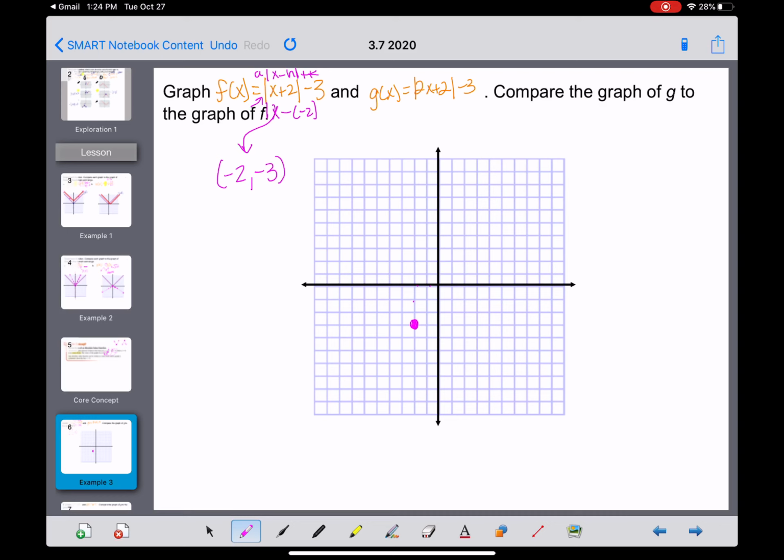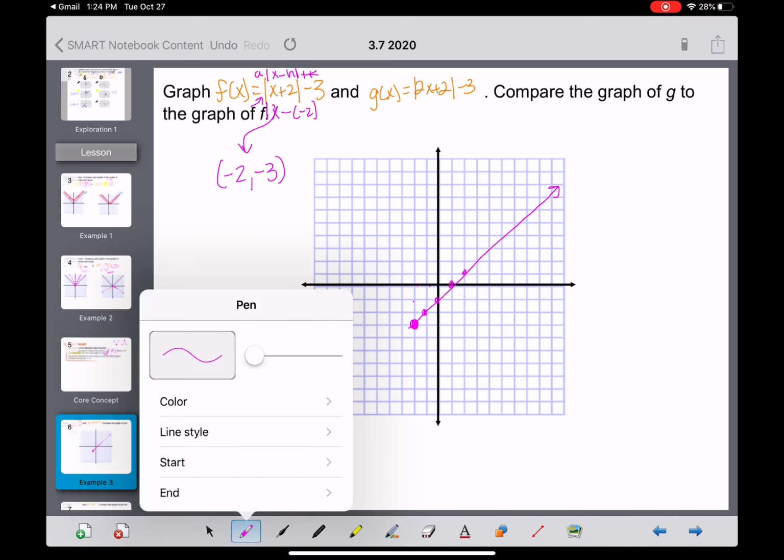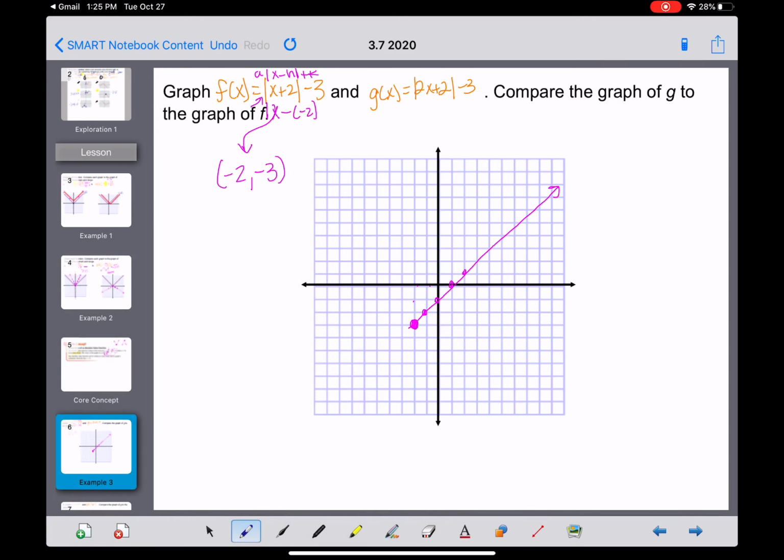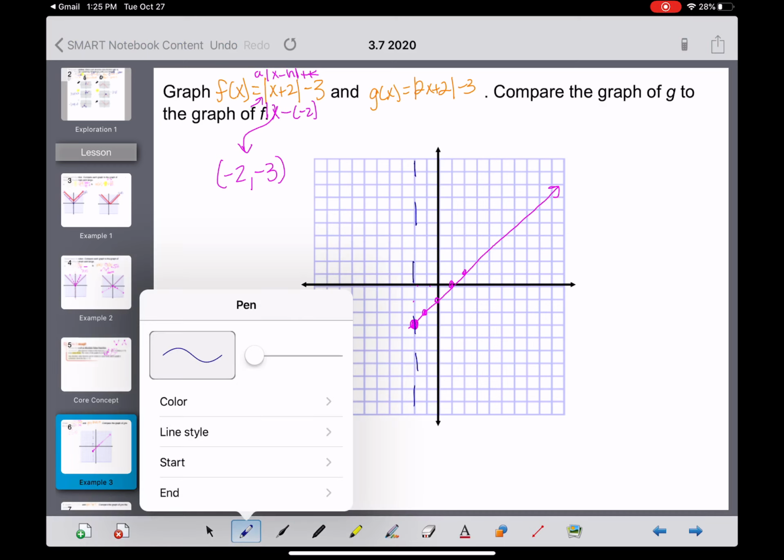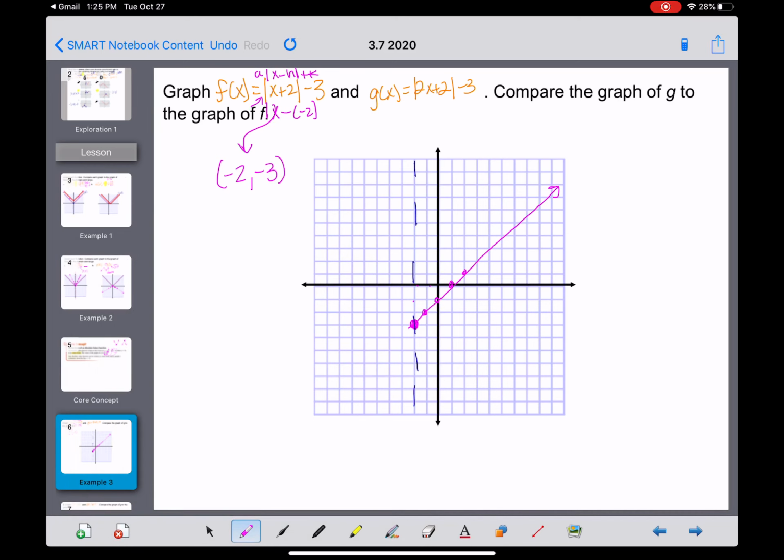My coefficient is 1, so I'm going up 1 over 1. And then I have to make sure that I reflect that across my vertex so that I am representing solving for positive and negative values. So I'm going to go up 1, back 1.